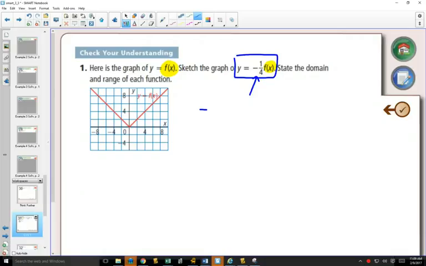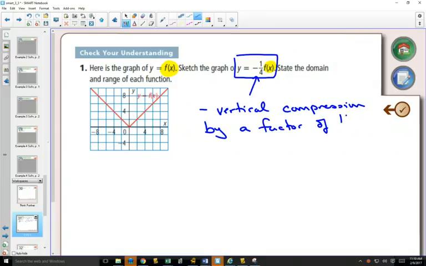We are going to have a vertical compression by a factor of 1/4 and a reflection over the x-axis. So this would be writing it out in words.